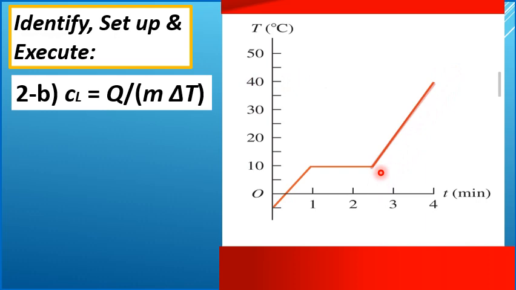So we are talking about this diagonally straight graph line, corresponding to a time of 1.5 minutes also, starting from 2.5 minutes until a time of 4 minutes.